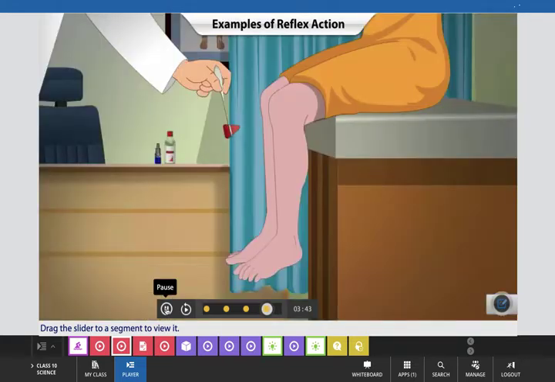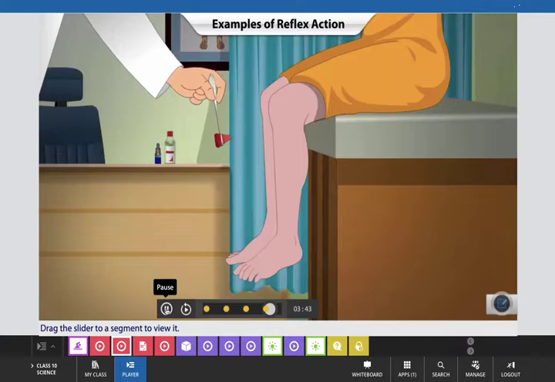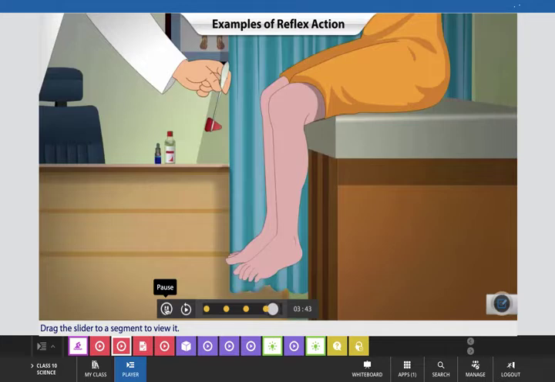Do you know how a doctor checks your reflex when you have a problem with your knee joint? Well, he hits your knee with a hammer at a spot just below the kneecap. You respond with a knee-jerk reaction, which is an example of a reflex action.